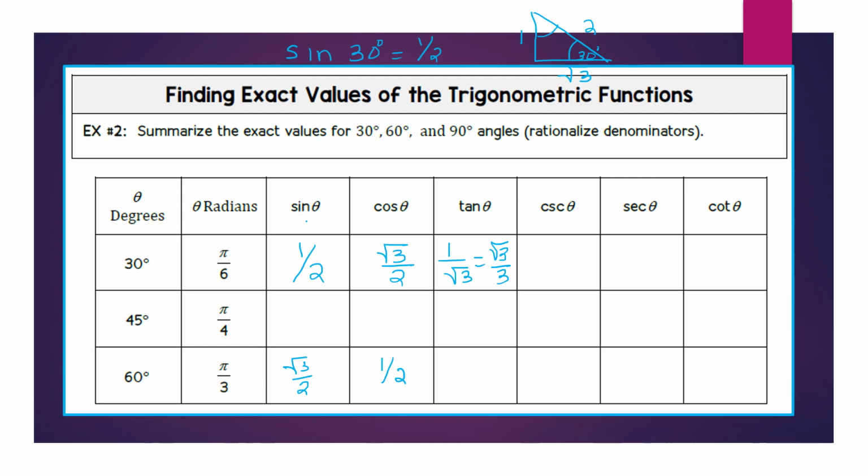Cosecant is the reciprocal of sine, so we get 2. Secant is the reciprocal of cosine, so that's going to be 2 over root 3, or 2 root 3 over 3. And cotangent is the reciprocal of tangent. I'm going to take that from right here, so we get just square root 3.